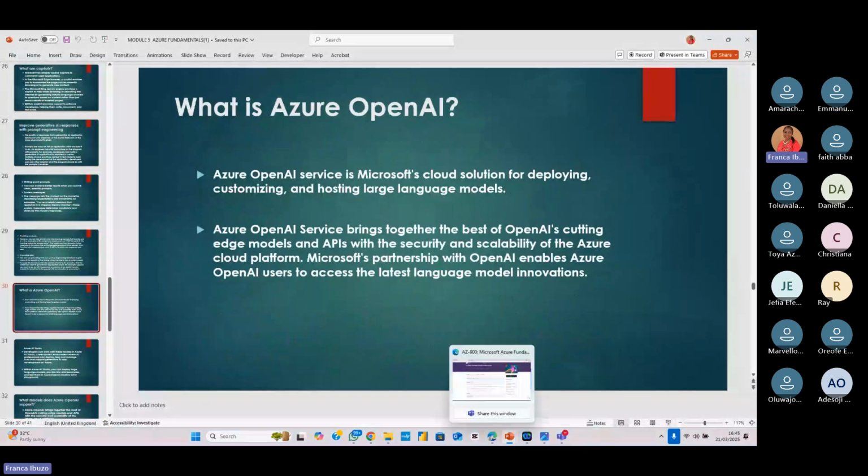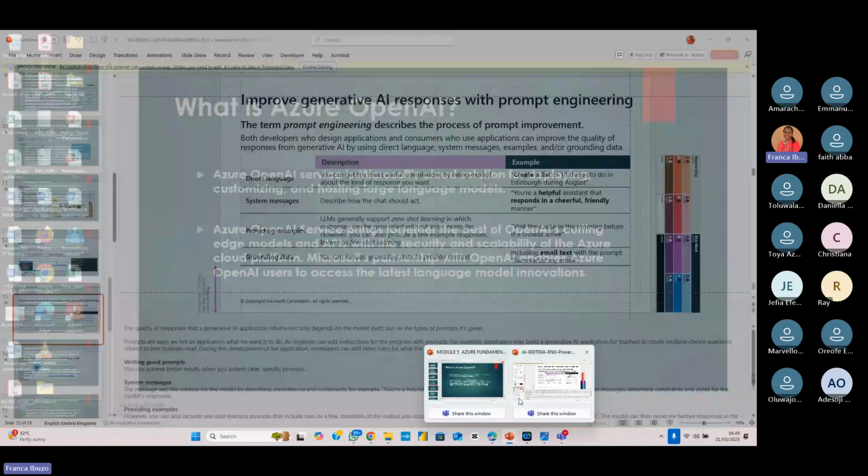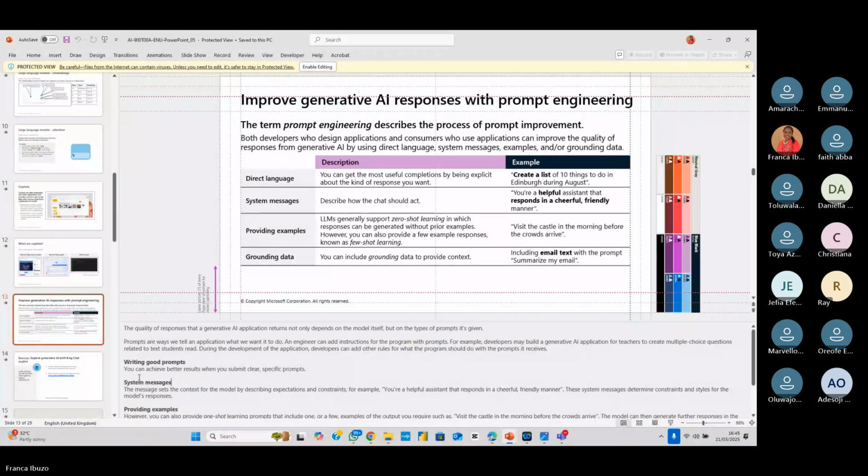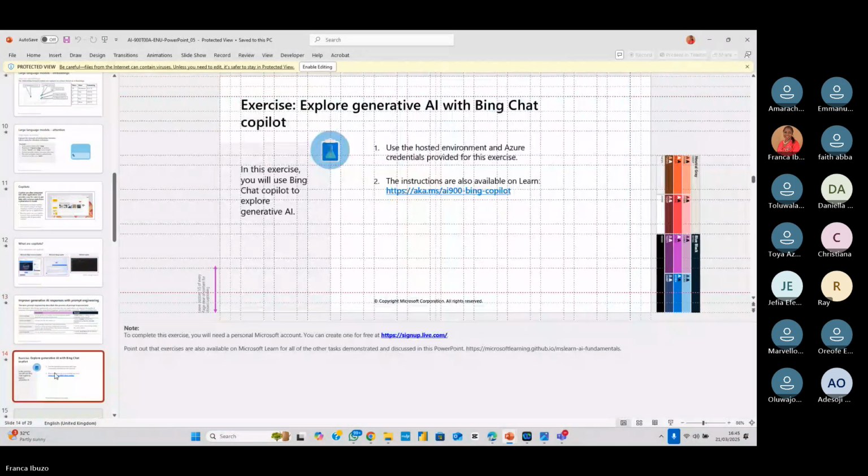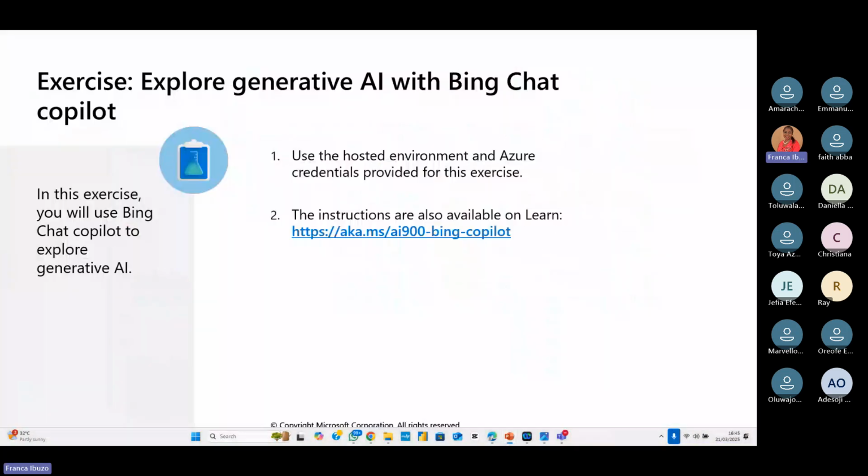Let's go back to the other slide. This is one of the exercises here: to explore generative AI with Bing Chat Copilots. In this exercise, we will use Bing Chat Copilot to explore generative AI.